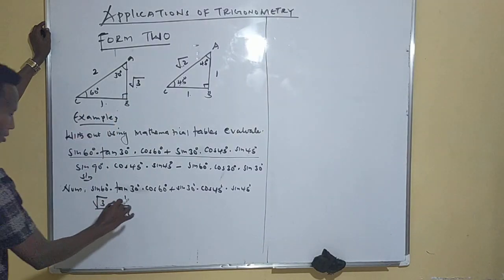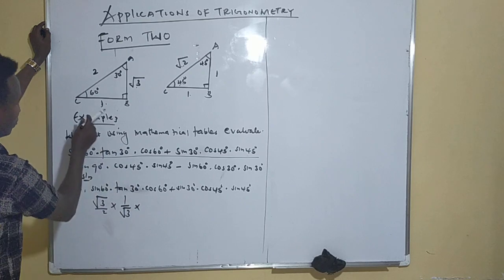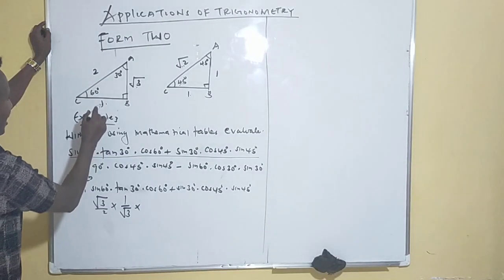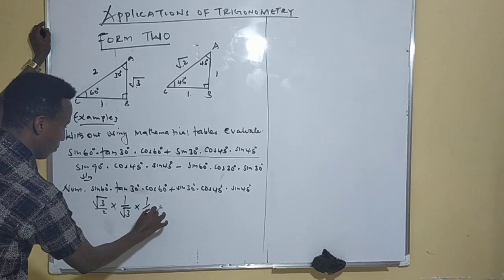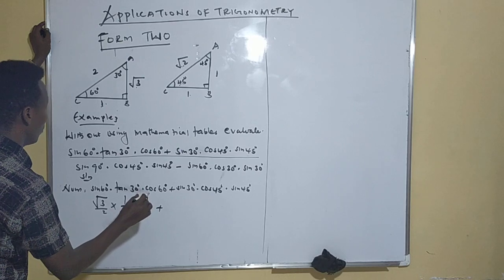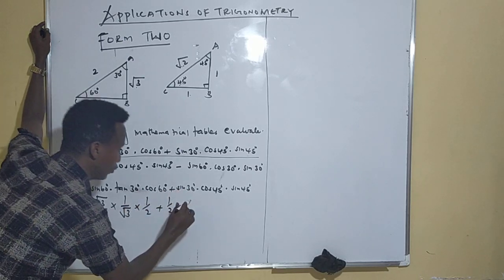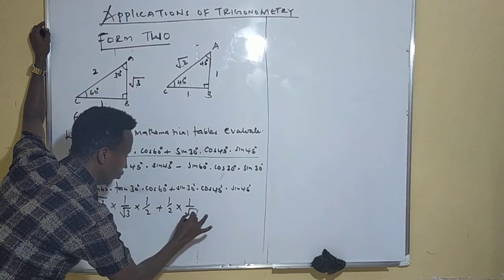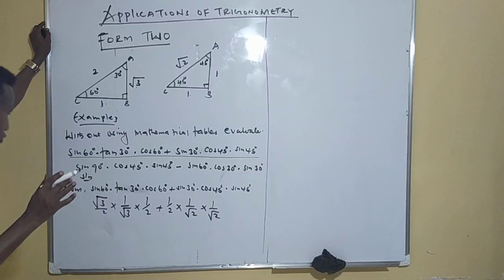Times cos 60, which is adjacent over hypotenuse, that's half. Plus sine 30, opposite over hypotenuse, that's 1 out of 2, times cos 45, which is 1 out of root 2. Sine 45 is also 1 out of root 2. Make sure you know those two.